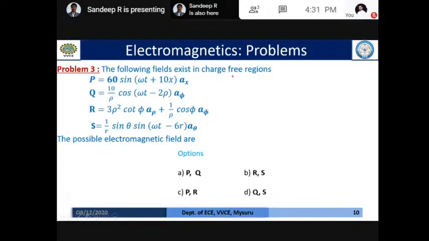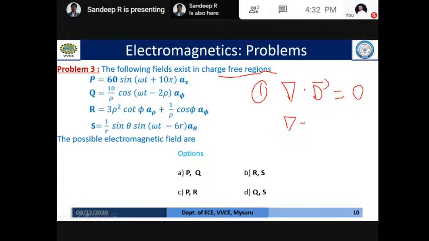In this question, you can observe the condition is a charge-free region. So you can assume it is free space. For free space, the first equation, that is from Gauss law, you have del dot D is equal to 0. So this is the expression for free space.